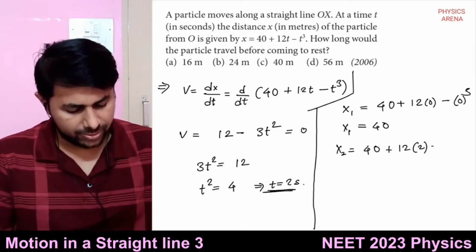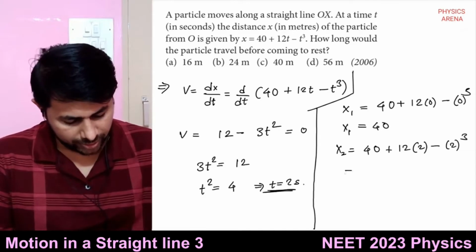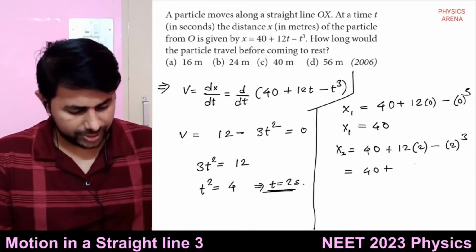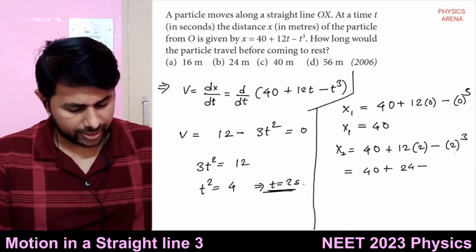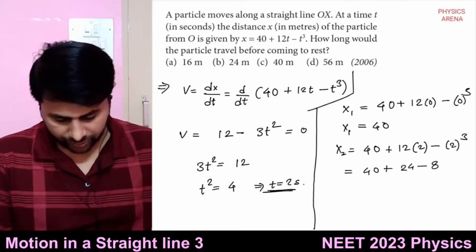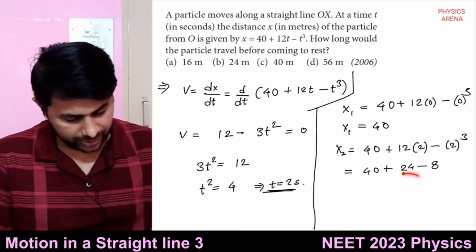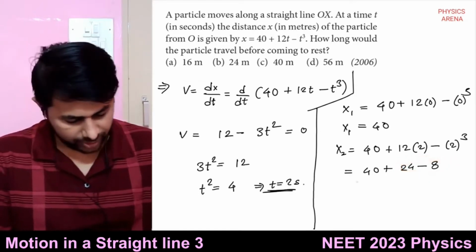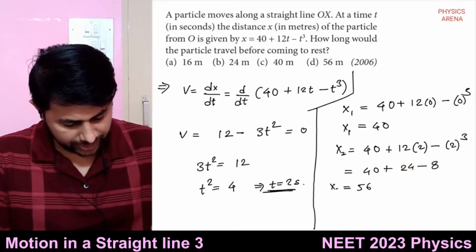So this is equal to 40 plus 12 twos are 24, minus 2 cube is 8. So 24 minus 8 is 16. So 40 plus 16, 56. Right? So 56. This is x2.